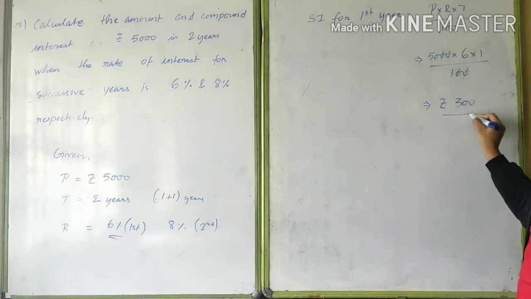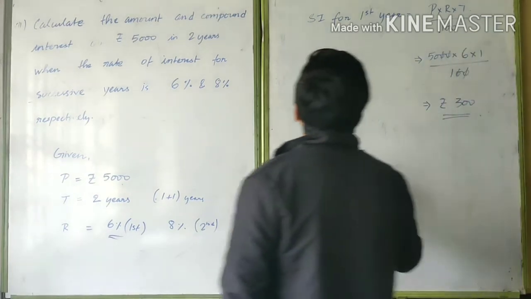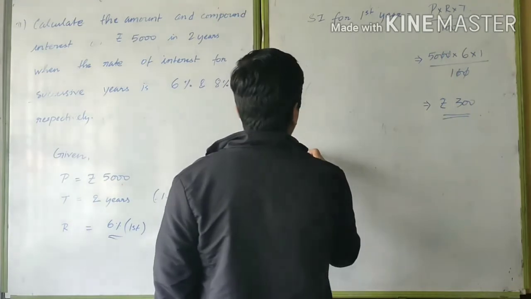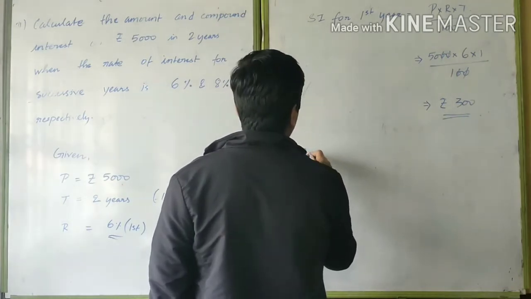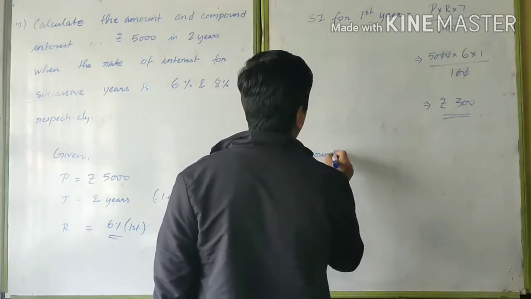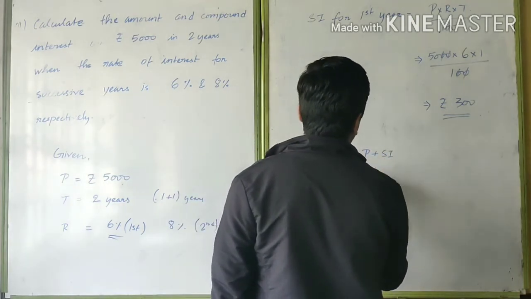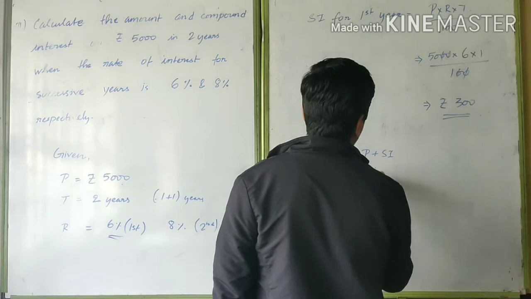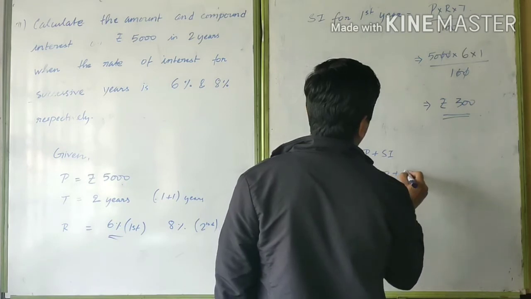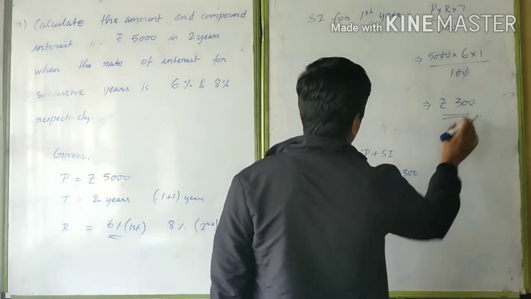Okay. So now similarly what we are going to do is first we will find the amount, that is P plus SI. My P is rupees 5000 plus the SI is 300.